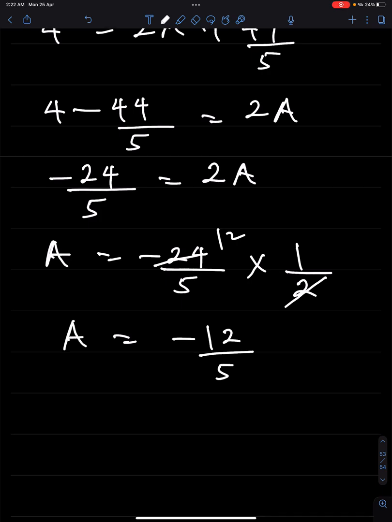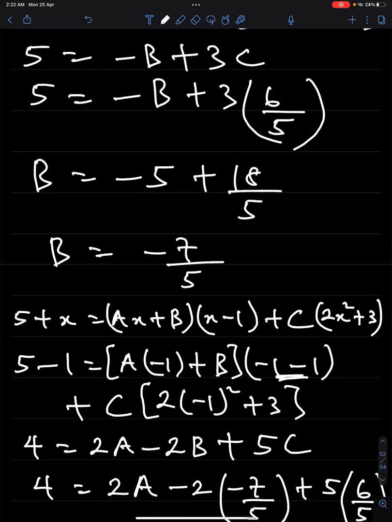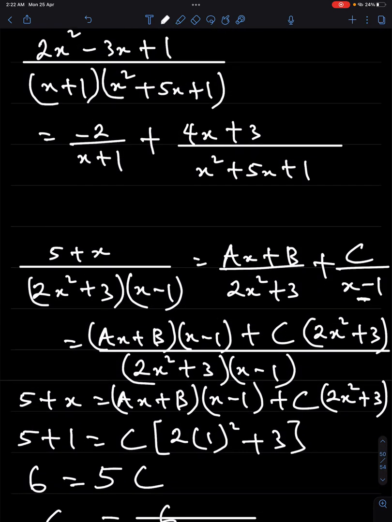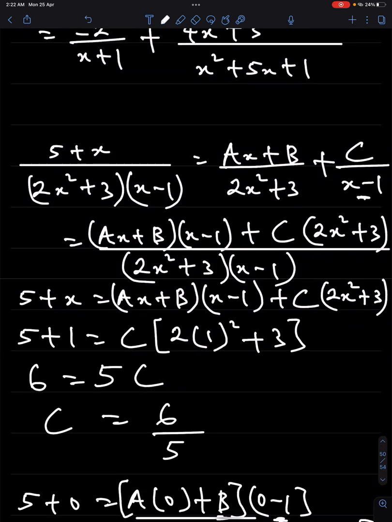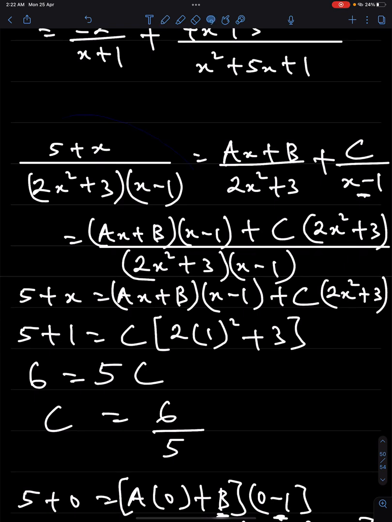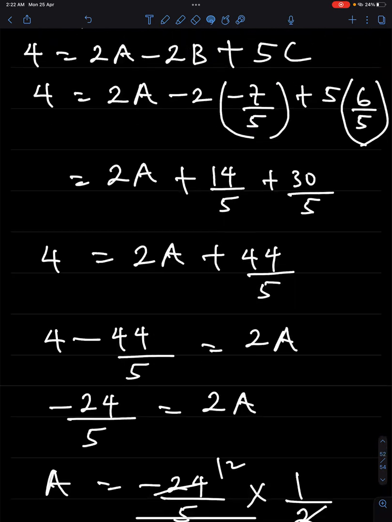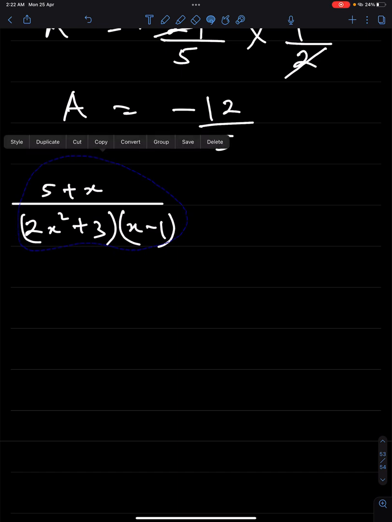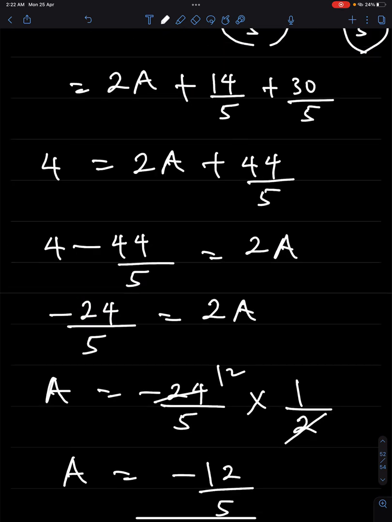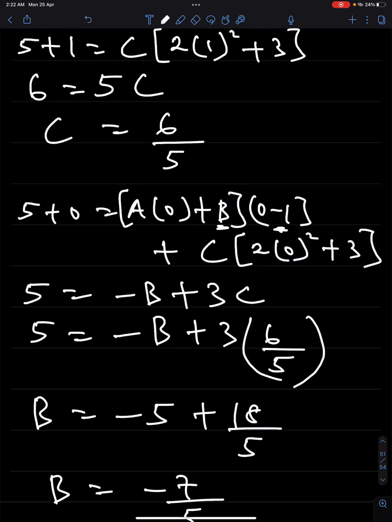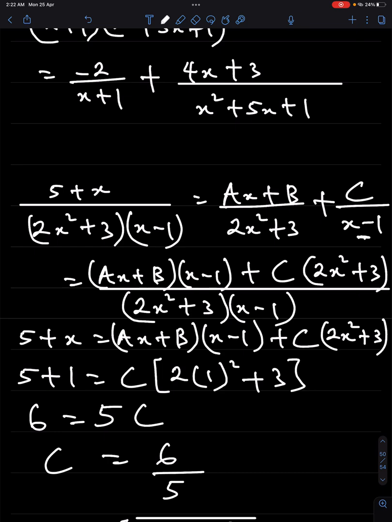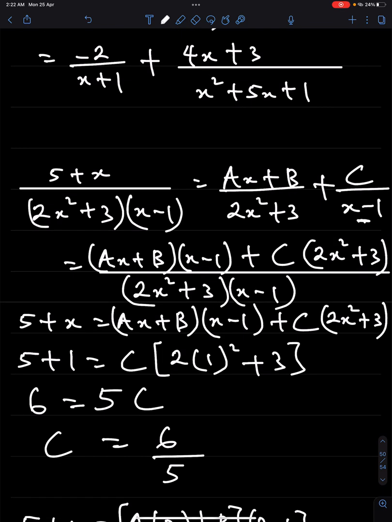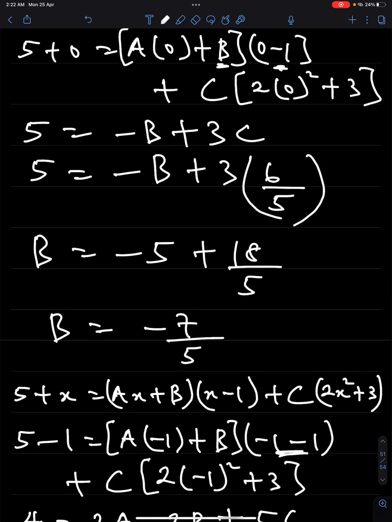Now we have found all of the constants. We can now write the partial fractions. So that therefore means 5 plus x, this compound fraction, is the same as ax plus b over 2x squared plus 3 plus c over x minus 1.